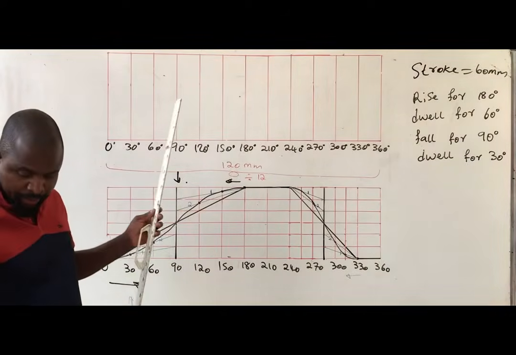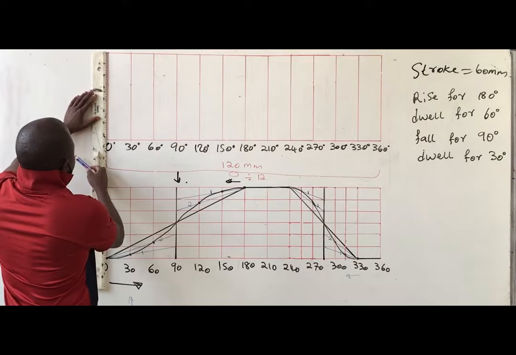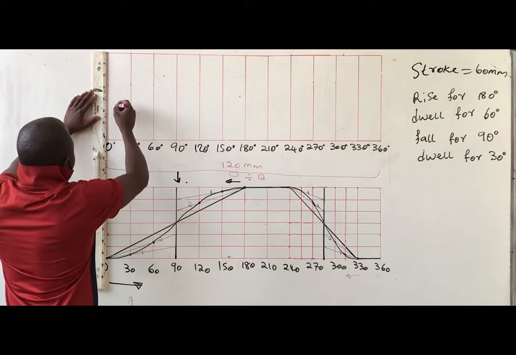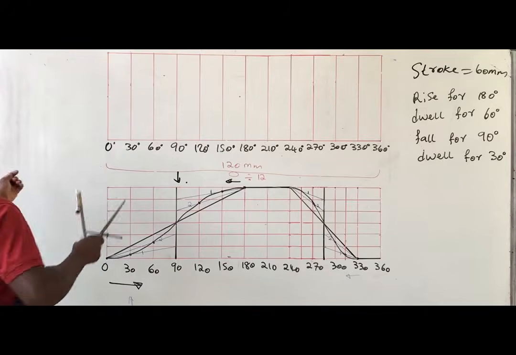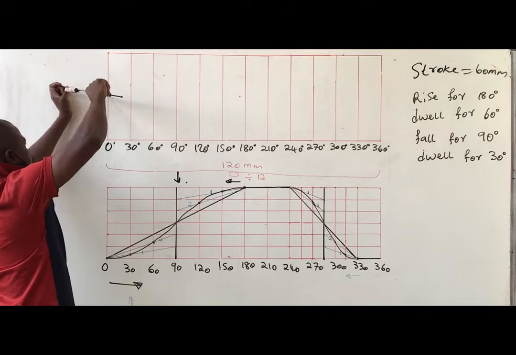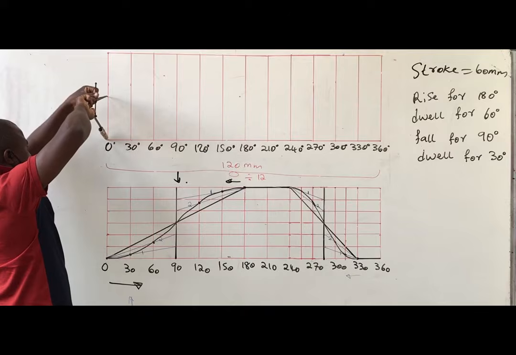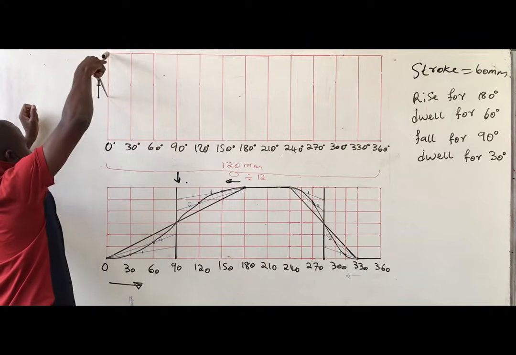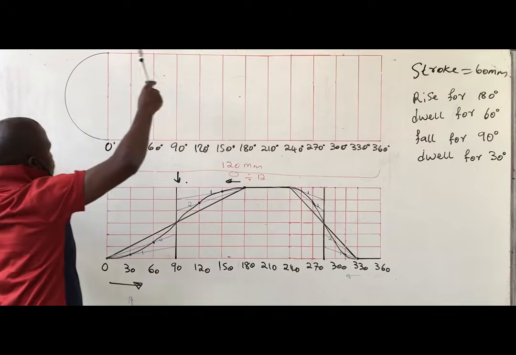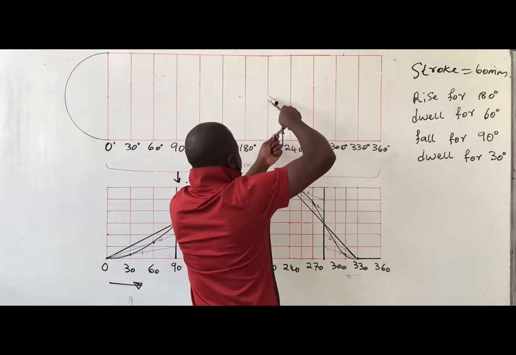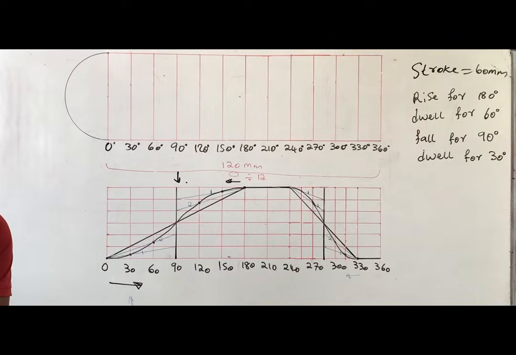For simple harmonic, you take a stroke height and divide it by 2.